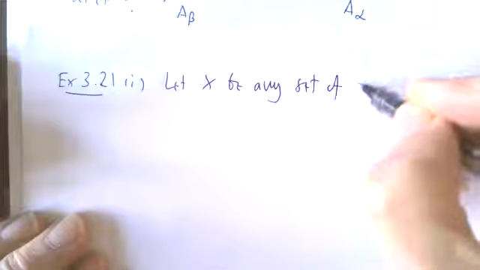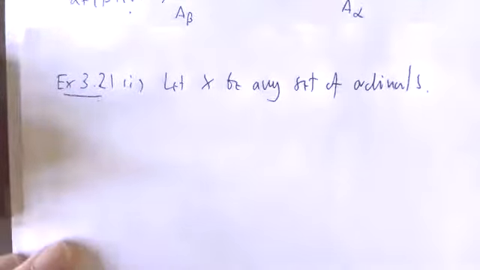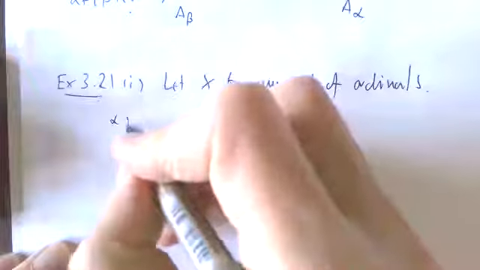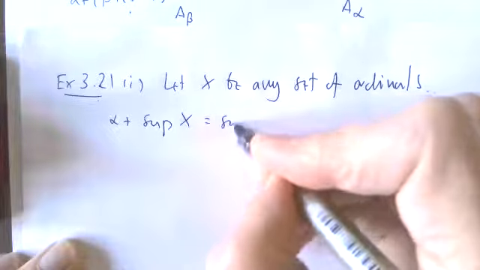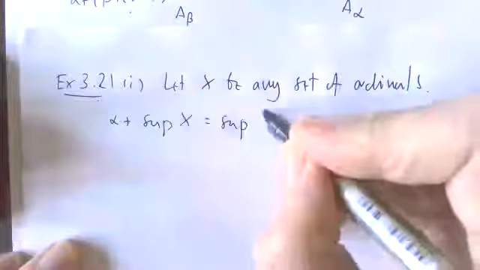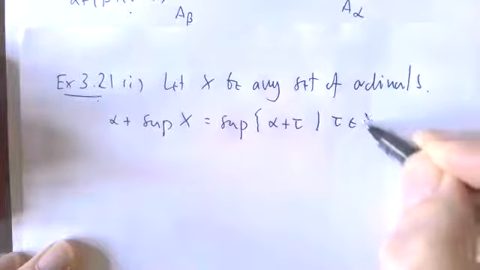Here's exercise 3.21, which I dare say you've all got in front of you, but I can talk about. Let X be any set of ordinals, then alpha plus sup X is the supremum of the alpha plus tors for tor in X.